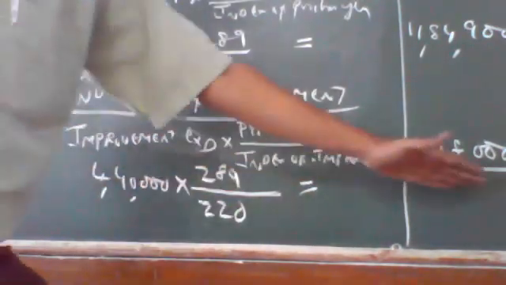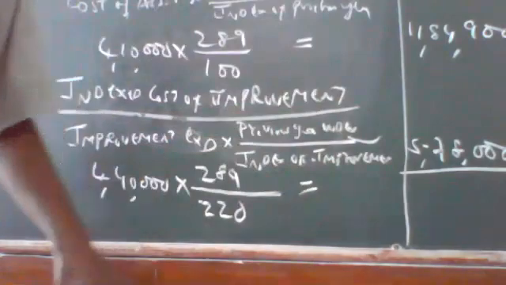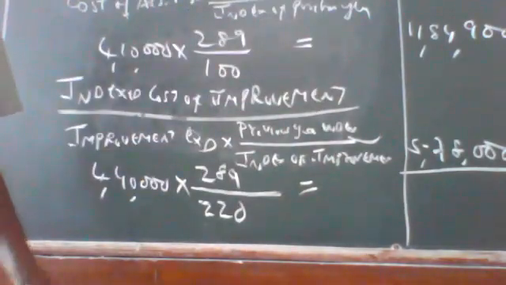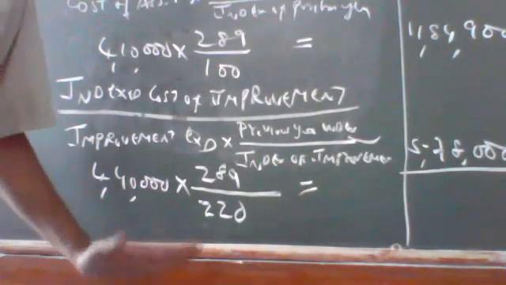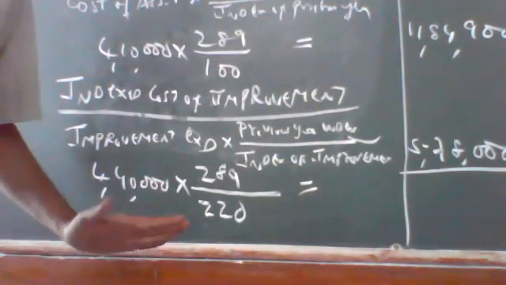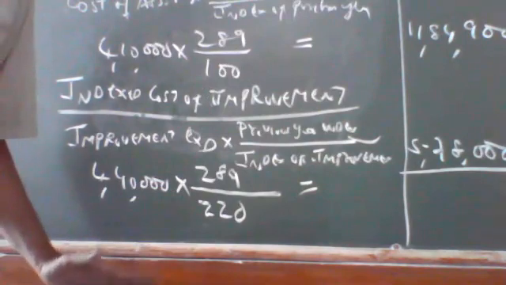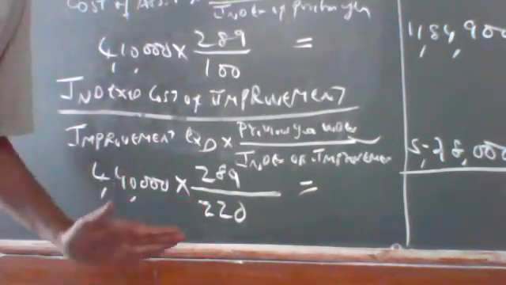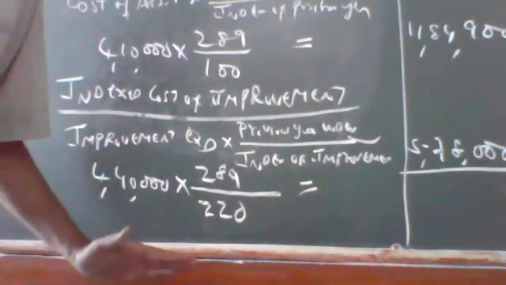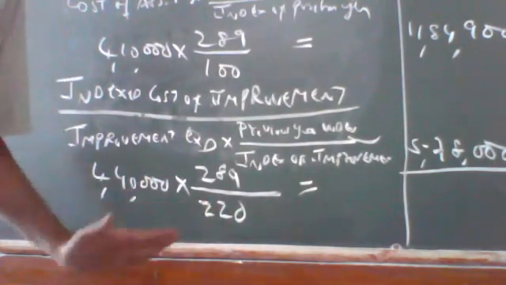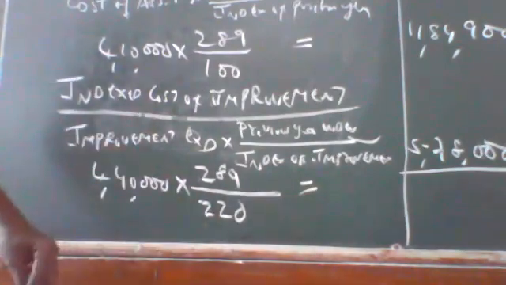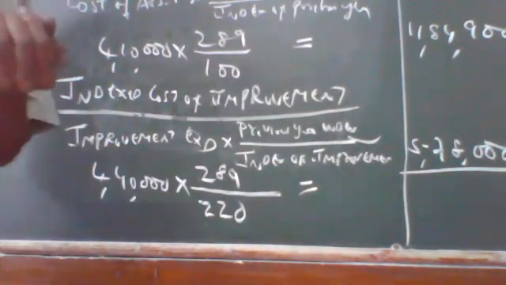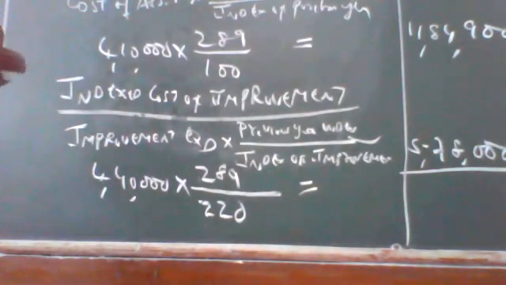Whatever you got as long-term capital gain, with that same amount you buy another house within some duration. Or if you're not able to buy, deposit that amount in a bank account, under a separate scheme called capital account savings scheme. In that case, you need not pay any tax on the capital gain. That is called exemption of section 54.